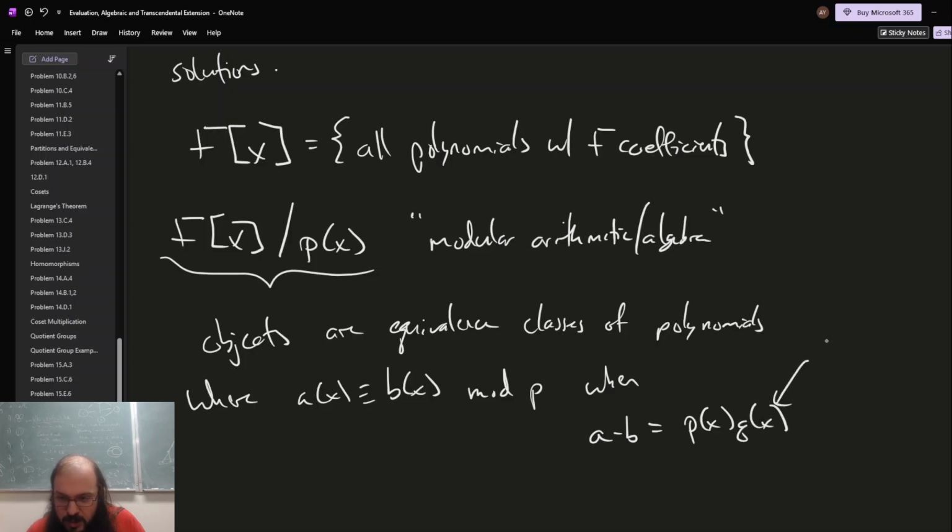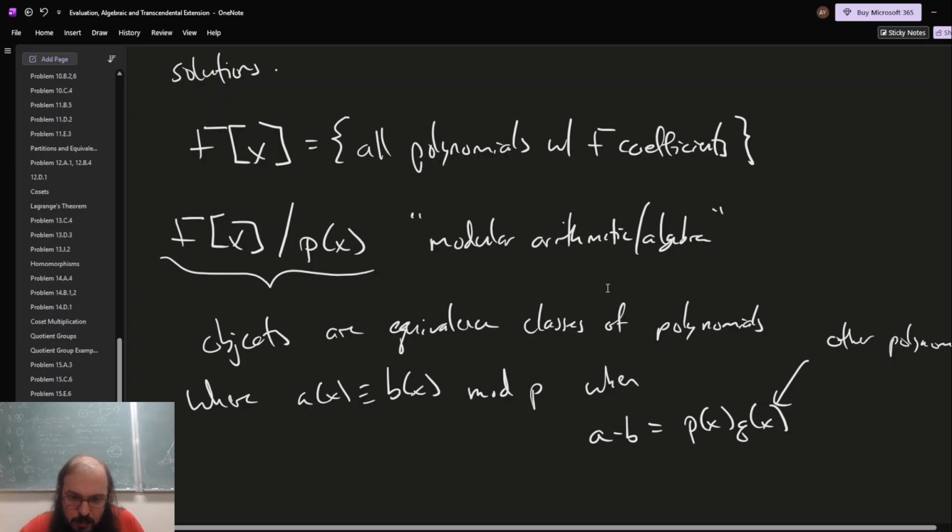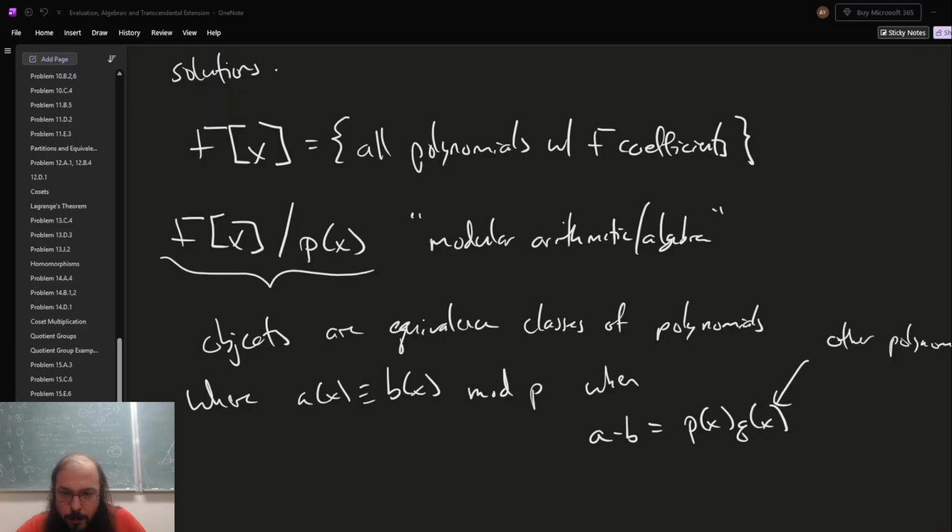In other words, there is some other polynomial q such that p times q is equal to their difference. This is exactly the same as modular arithmetic, where two numbers are equal when their difference is a multiple of the modulus. In that case, a multiple means a number multiple. Since we're working with polynomials now, we have a polynomial multiple, but the situation is essentially unchanged.